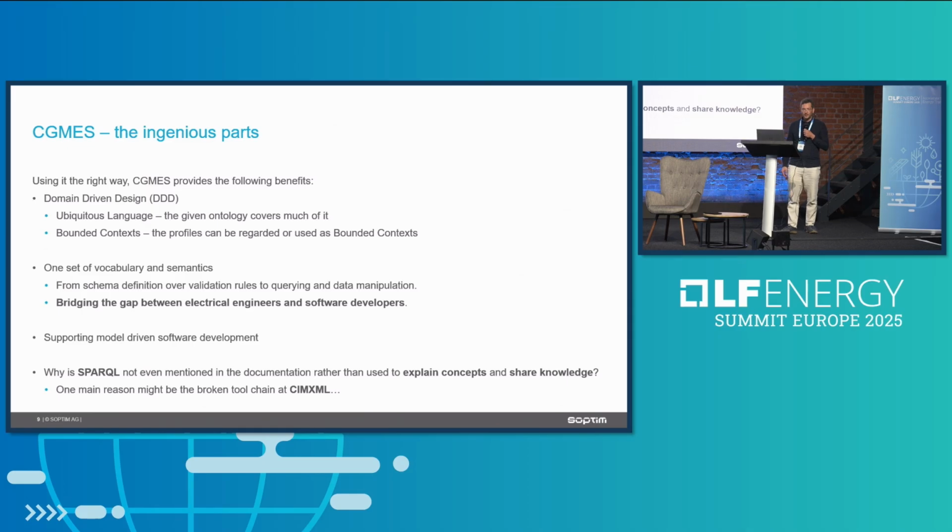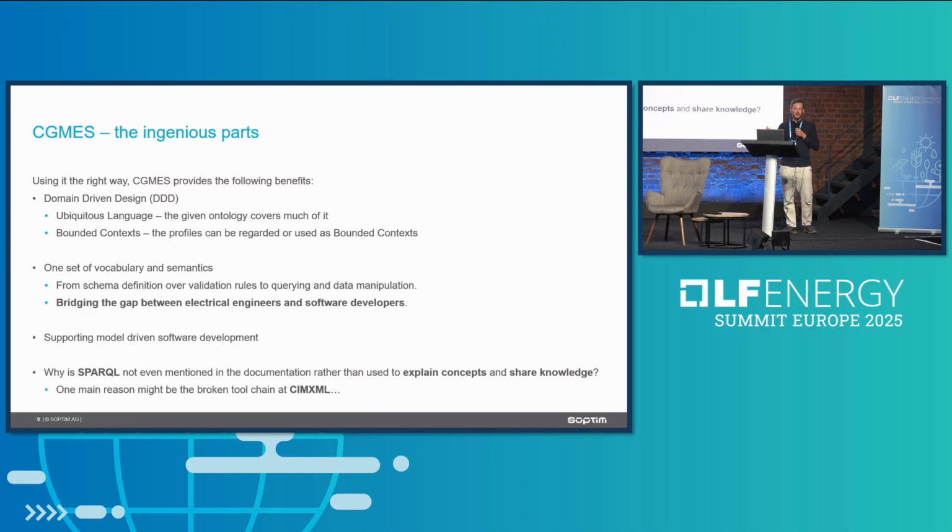So, in my opinion, there are really ingenious parts when CGMES is used the right way. So, for example, it supports domain-driven design because there is already an ontology. That ontology covers much of the needed ubiquitous language.